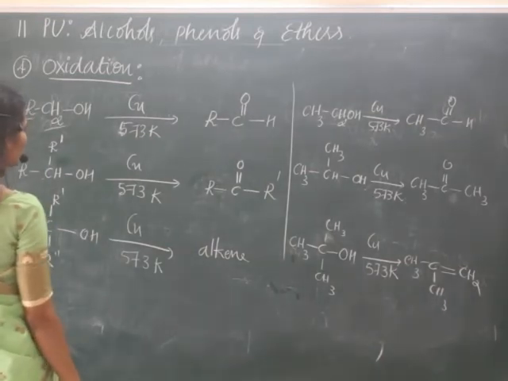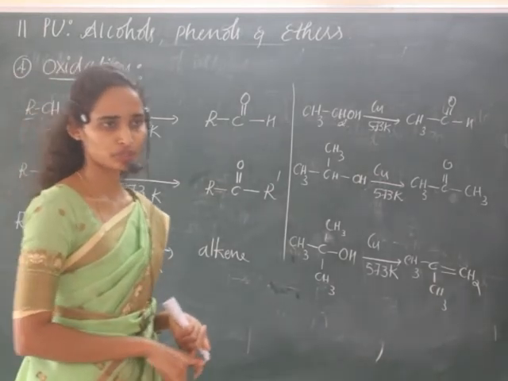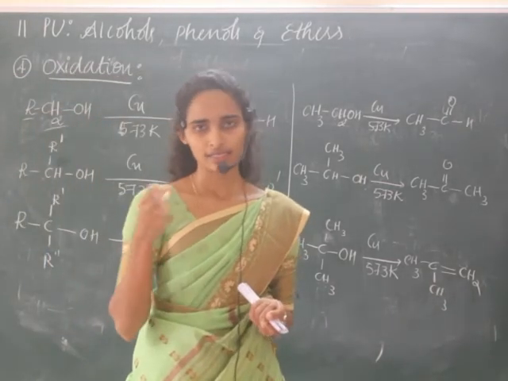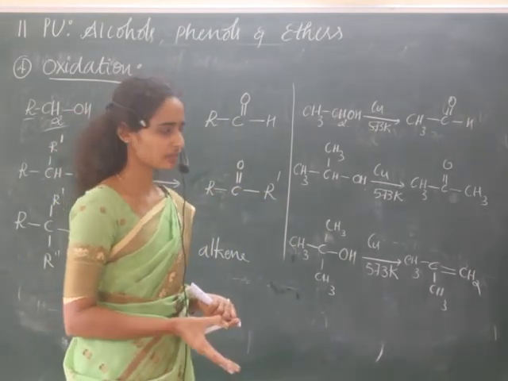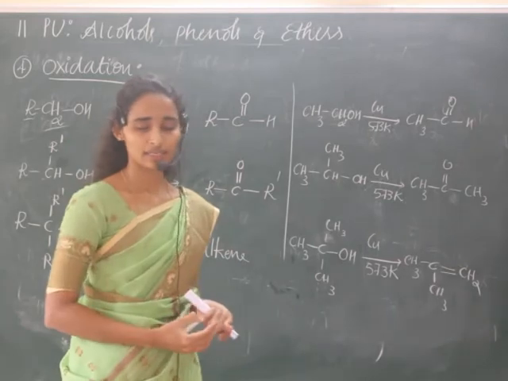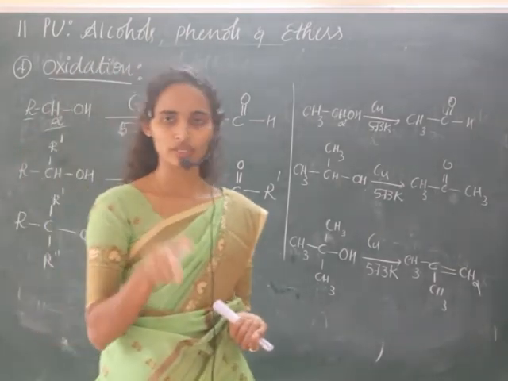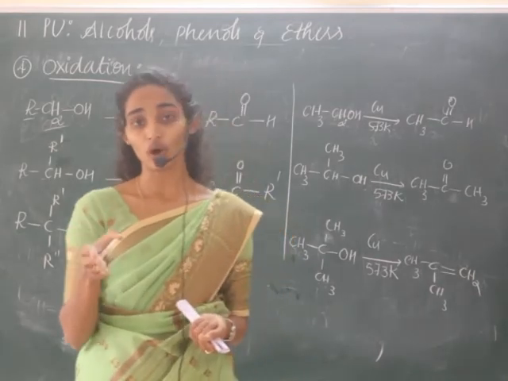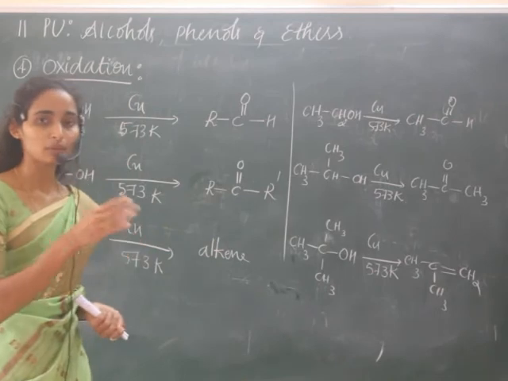This is about the oxidation reaction of alcohols. Oxidation of alcohols leads to the formation of aldehydes from primary and ketones from secondary, and tertiary will not react easily. If it reacts, it will give alkenes, or in presence of a good oxidizing agent and at elevated temperature it will form some carboxylic acid.